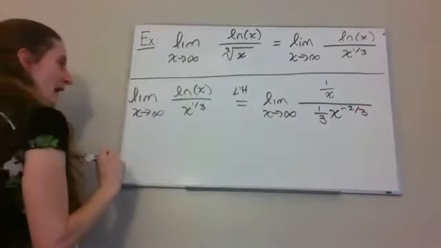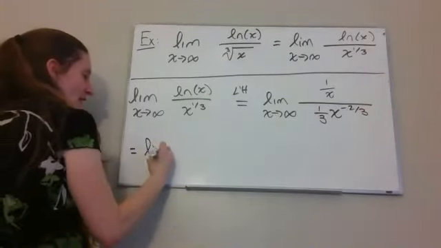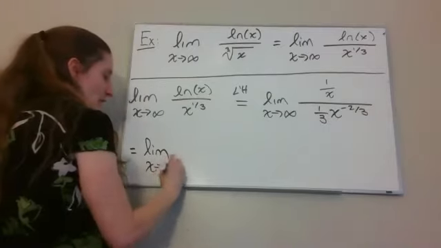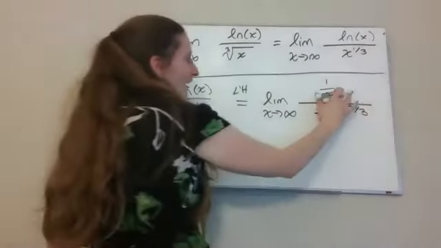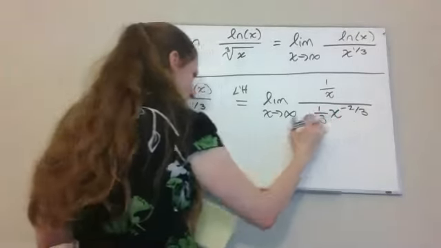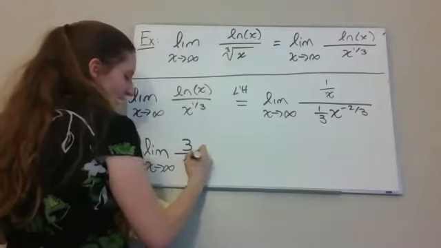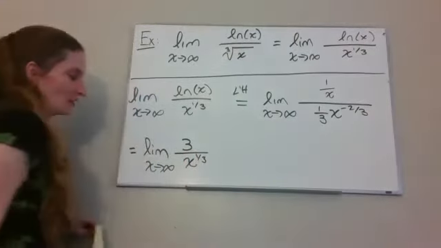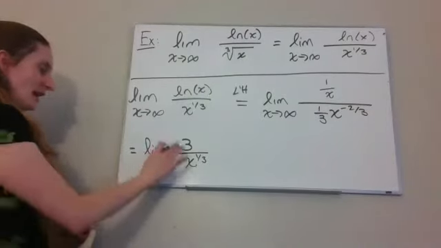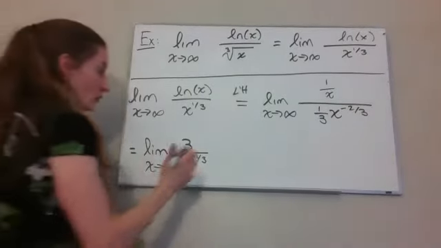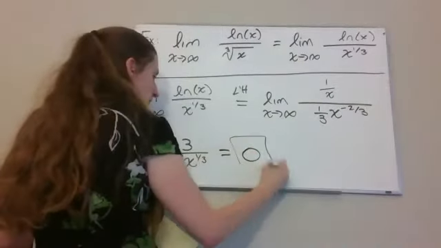Now let's simplify this. Dividing by the 1/3 is the same thing as having it multiplied by 3, so I can put the 3 in the top. And then this guy's an x to the negative 1, and this is x to the negative 2/3. When I simplify, I get an x to the 1/3 in the denominator. Now when I take this limit, I have 3 divided by a really huge positive number, and that goes to 0.